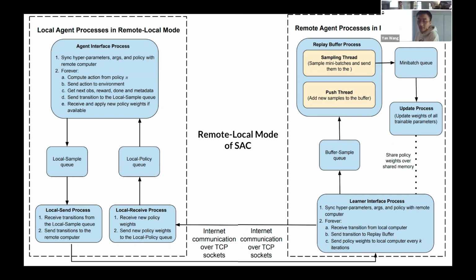The learner interface receives samples from the local computer and sends the updated policy to the local computer. As you can see from the image, the most expensive components of the computation here are the update process, the replay buffer process, and the agent interface process.